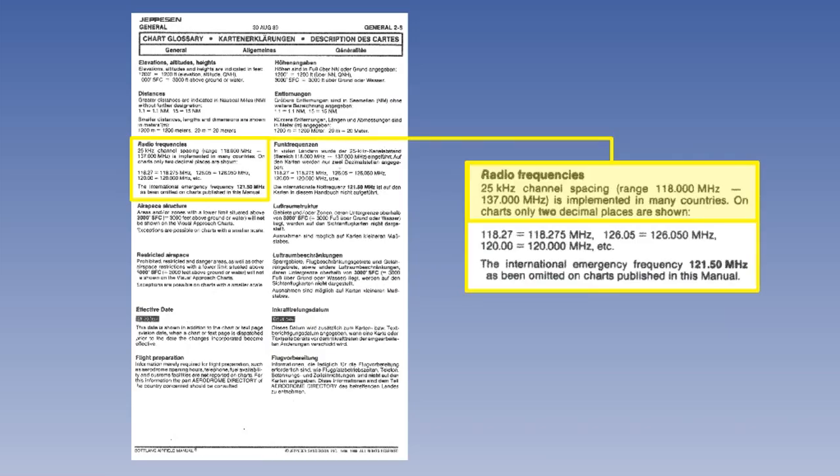Turning to page 2.5, many countries use the 25 kHz channel spacing in the VHF frequencies. However, only 2 decimal places are shown on these charts, as demonstrated in the radio frequencies paragraph. For example, the frequency 118.275 MHz is shown as 118.27.